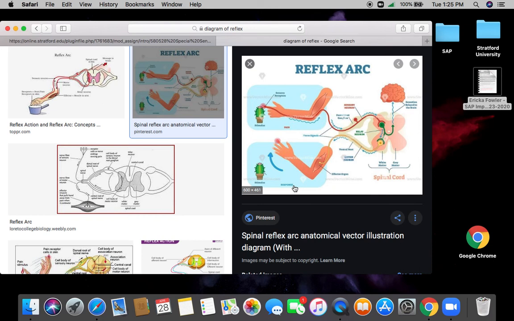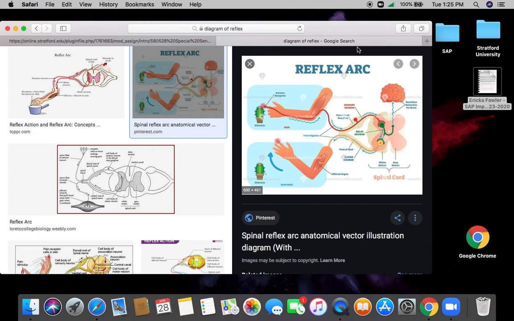But what does it require? It requires an intact sensory, also known as afferent, A-F-F-E-R-E-N-T, pathway. And then in your spinal cord, you have your interneuron. That's that green thing right here. And then you have your descending tract, which is your motor, that will make you pull your hand away if the stimulus is painful or dangerous.